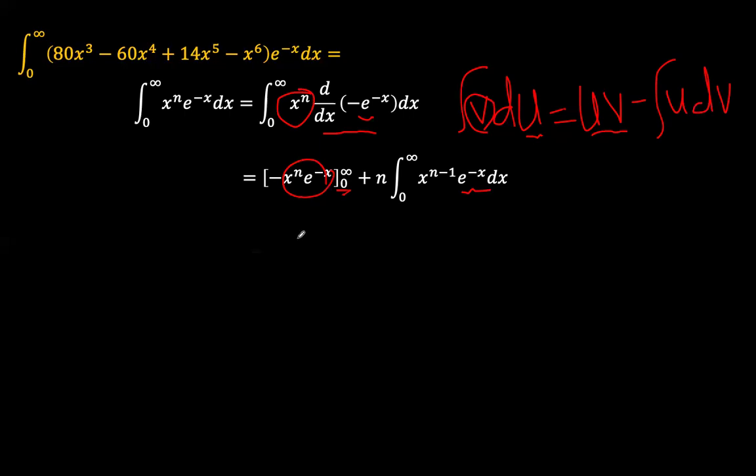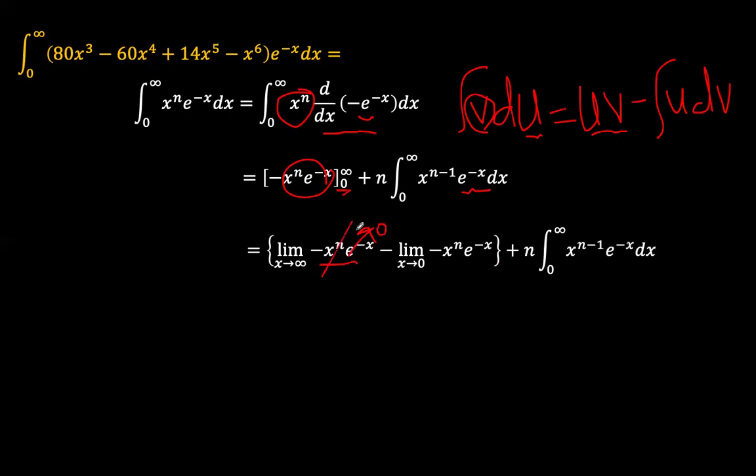Applying the limits, as x tends to infinity, this tends to 0, so the entire thing tends to 0. And as x tends to 0, since x to the power n tends to 0, this entire thing tends to 0. So this reduces the integral down to n times the integral of x to the power n minus 1 times e to the power negative x from x equals 0 to x tending to infinity.